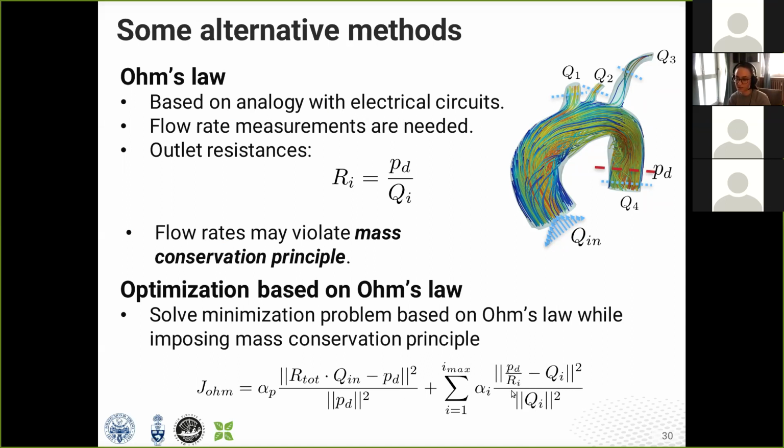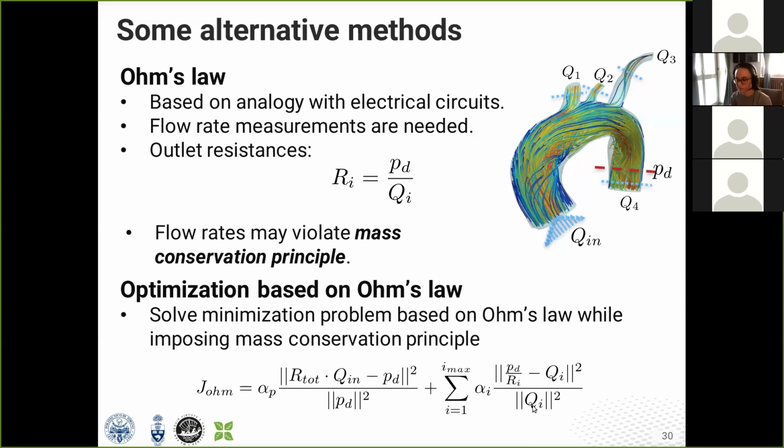You're solving this optimization problem for these 4 unknowns, and you're trying to match the flow rates at the outlets to the values that you measured.